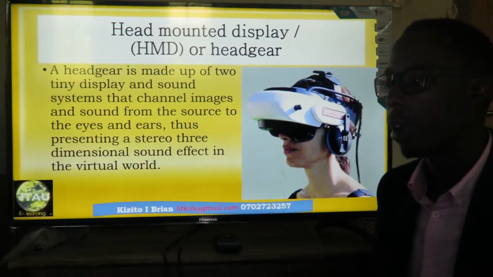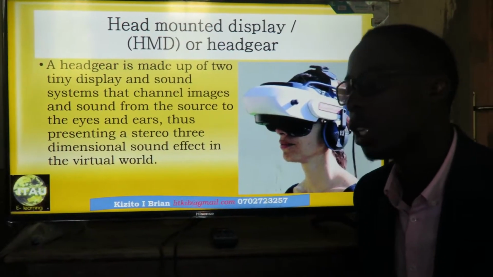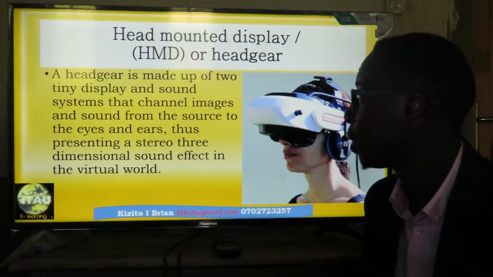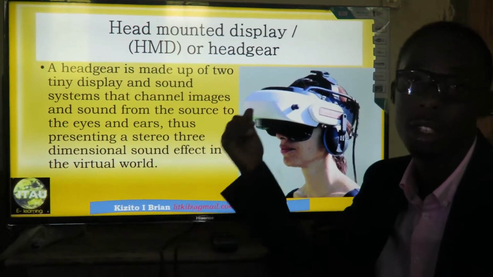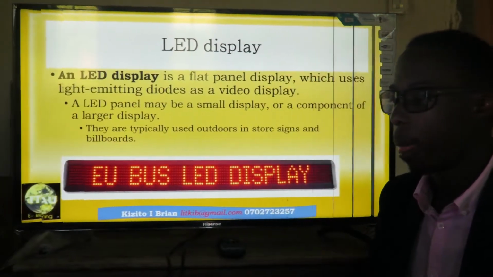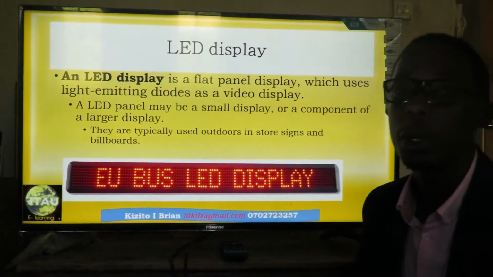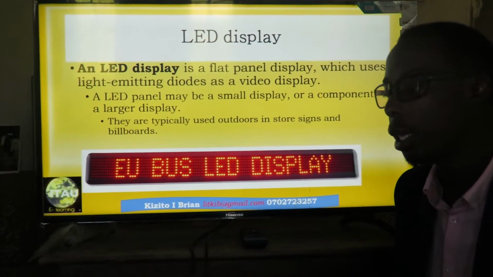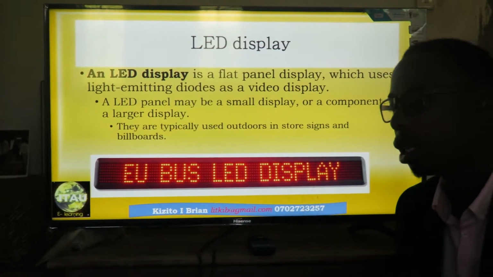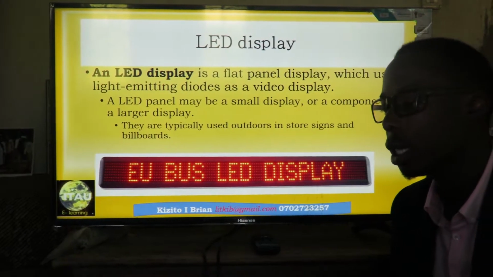We have head-mounted display devices or headgears. These are also output devices that are used basically in the 3D world to display data. We have what you call LED lights or LED display devices, which use light emitting diodes as a video display.